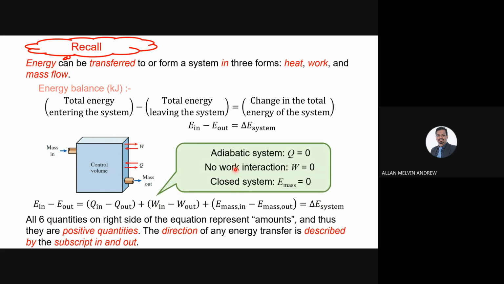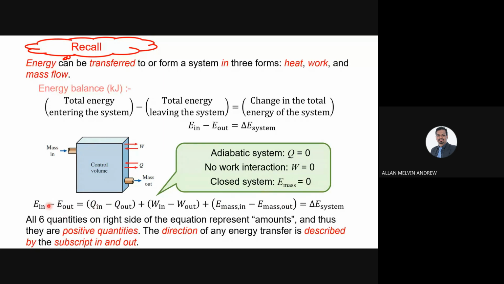Okay, so if it is an adiabatic system, both Q in and Q out will be 0. No work interaction, so work in and work out become 0. And for a closed system, no mass in and out, so E mass in and E mass out become 0.